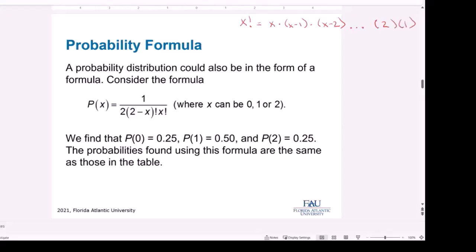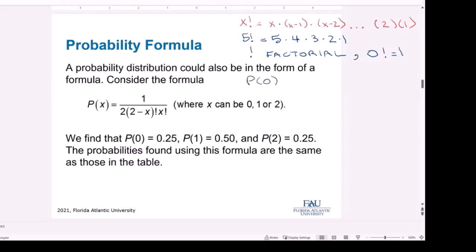For example, if I said 5 factorial, 5 factorial is equal to 5 times 4 times 3 times 2 times 1. This exclamation point is called factorial. One more thing, 0 factorial equals 1.